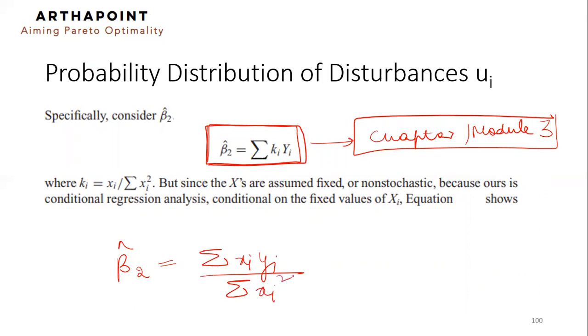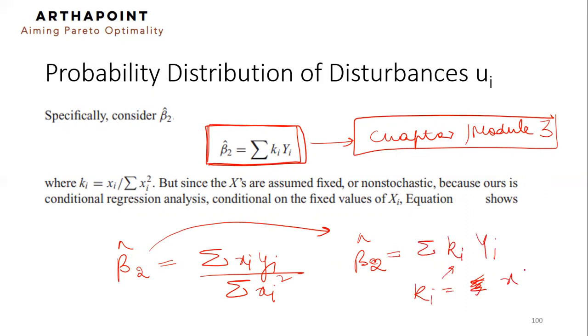You can go to the module and see that we derived that beta 2 hat can also be written as summation ki yi, where ki is xi upon summation xi square.